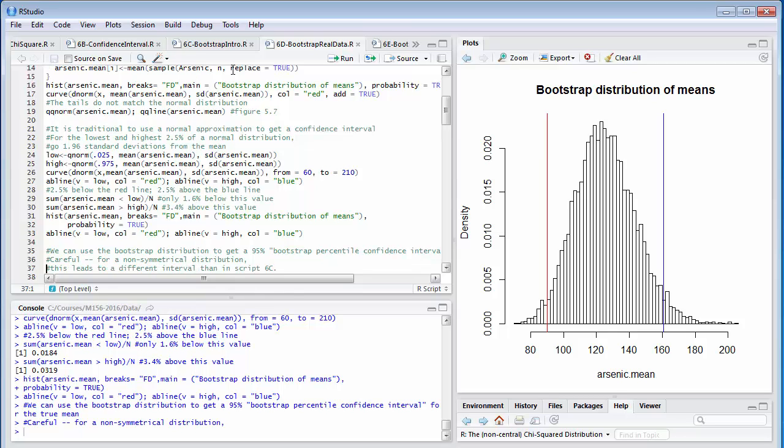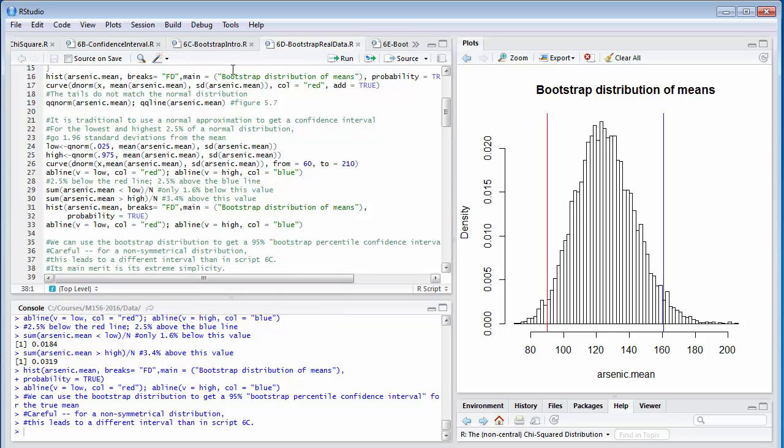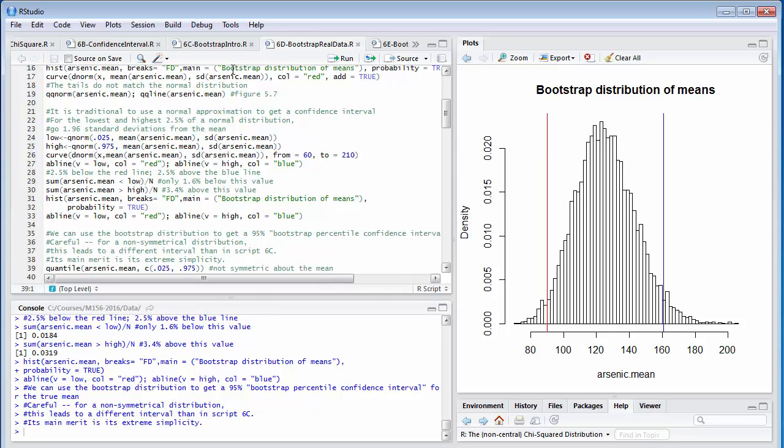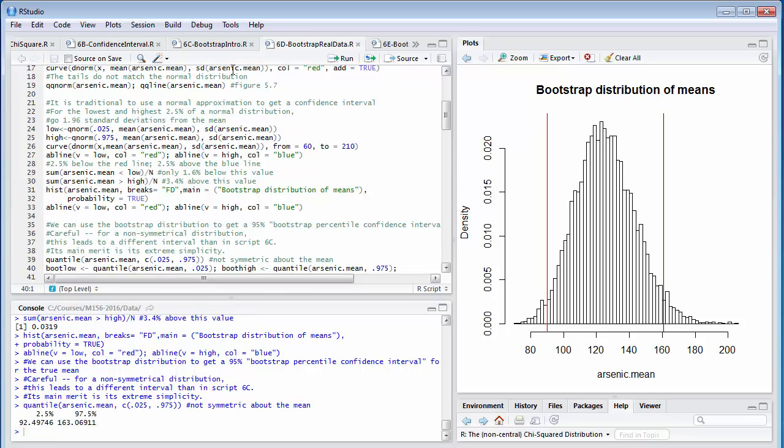And this is going to give a different result from the one I showed you in the immediately preceding script. This is a technique whose main merit is that it's extremely simple. That is, we just take this bootstrap distribution, arsenic.mean, and ask for the 2.5% and 97.5% quantiles.